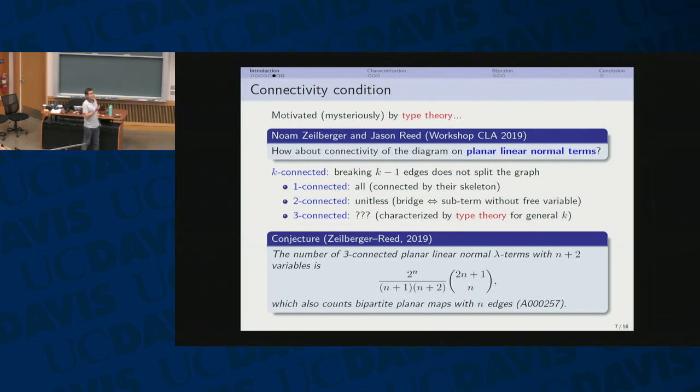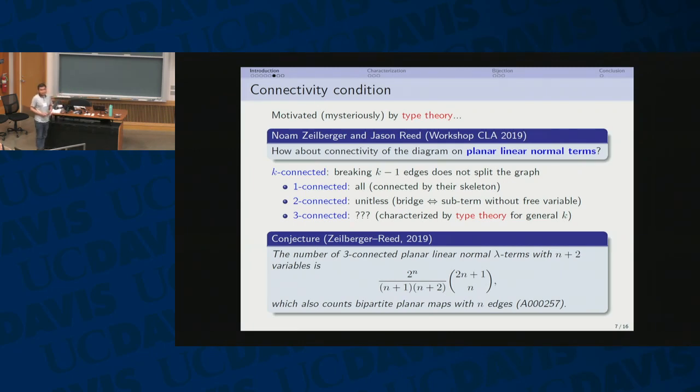If we look at the subterm induced by the tree, we'll see that there will be no free variable, because if there were one, it would connect this subterm to something above. So this bridge is equivalent to a closed subterm, and this is exactly the obstacle for unitless terms. And this shows that two-connected terms are exactly unitless terms.